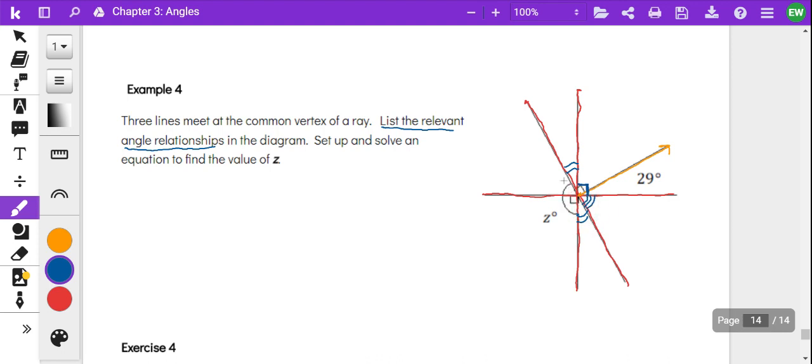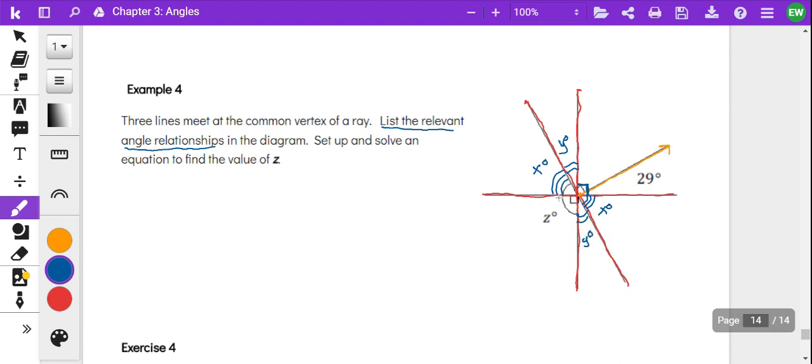I'm going to name all these, okay? Because that's a lot. So I'm going to name this one X. So this is angle X, and this is angle X. I'm going to name the smaller one Y. That's angle Y, and that's angle Y.